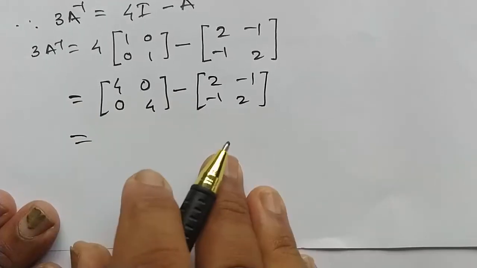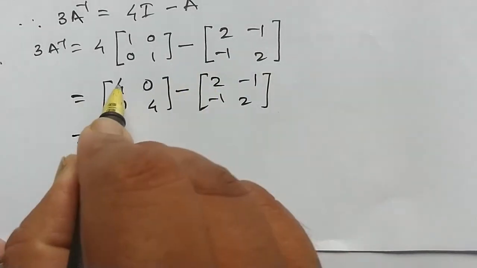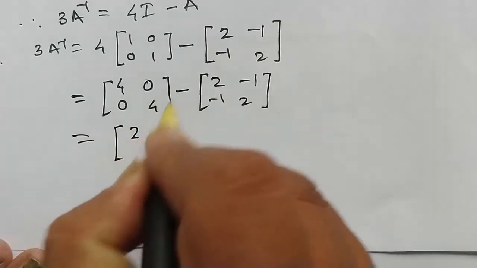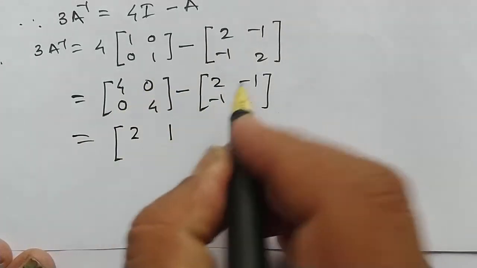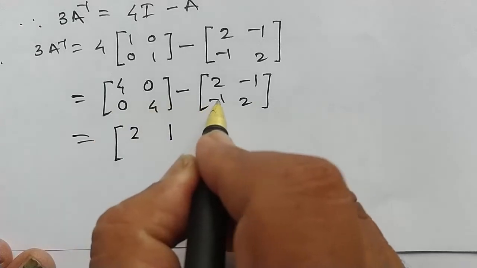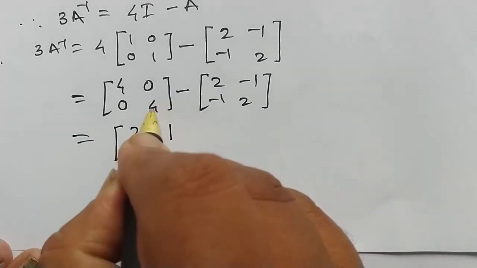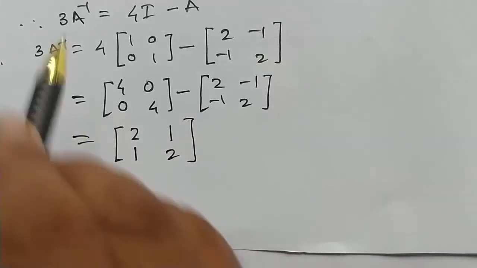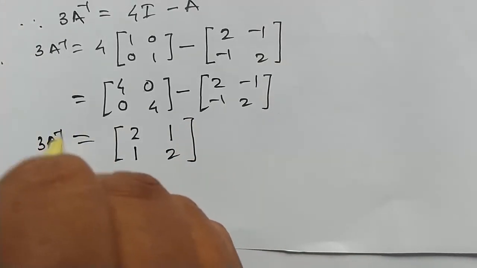So this is equal to [4-2, 0-(-1); 0-(-1), 4-2], that is [2 1; 1 2]. So it is 3A inverse.